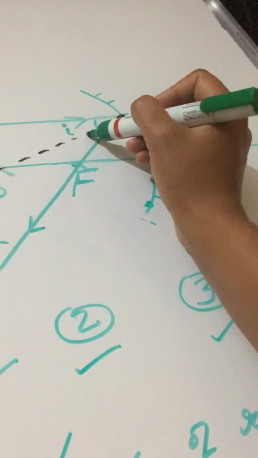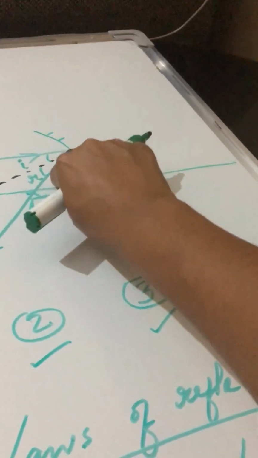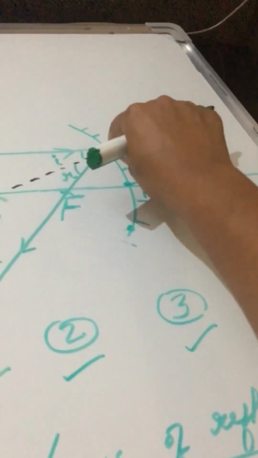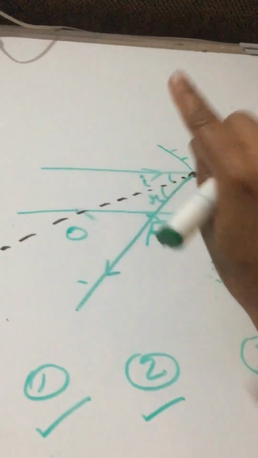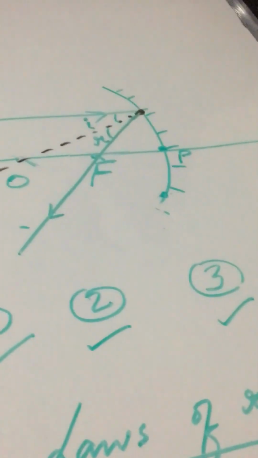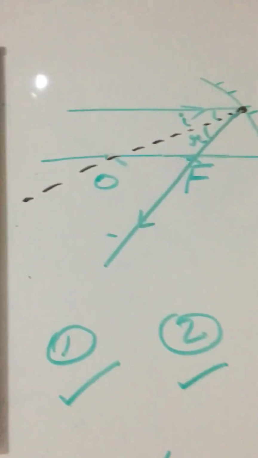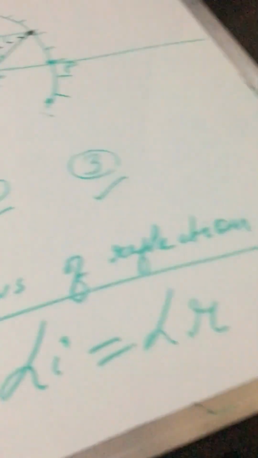Then only I can be equal to R. Say this angle is 30 degrees. Then after passing through the focus, only then can the angle with the normal be 30 degrees. I hope we are clear with it. The same thing holds for rule 2. The basis is just the law of reflection.